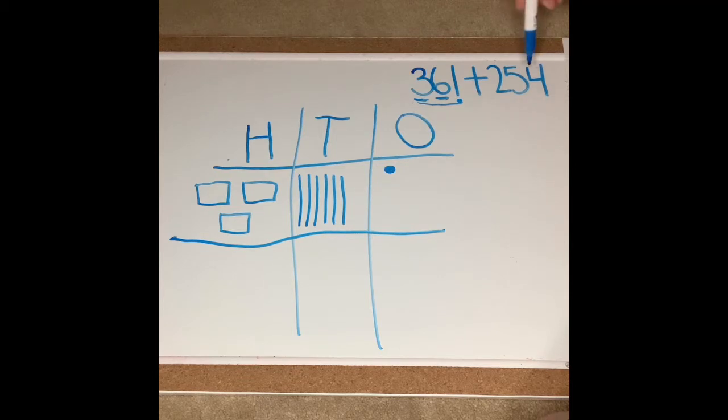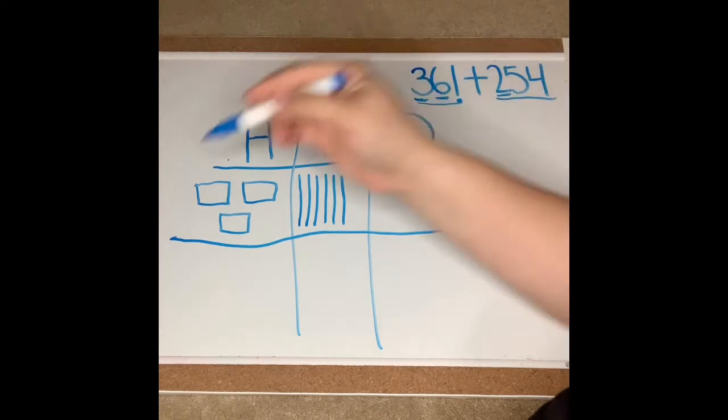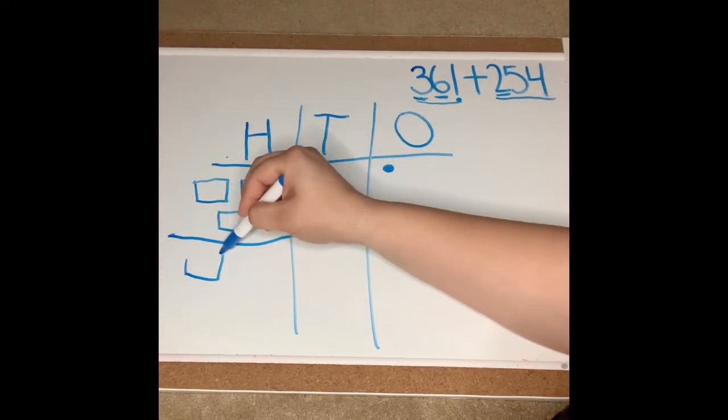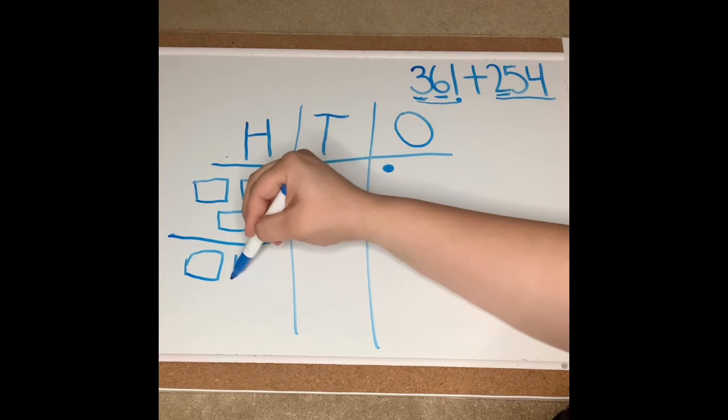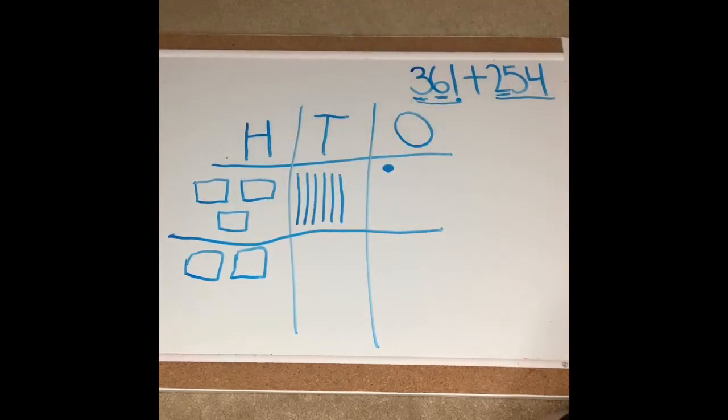Now we're going to build our second number, which is 254. So how many hundreds do we have in the number 254? 2. So I'm going to draw 2 squares. Now how many tens do we have in the number 254? 5.